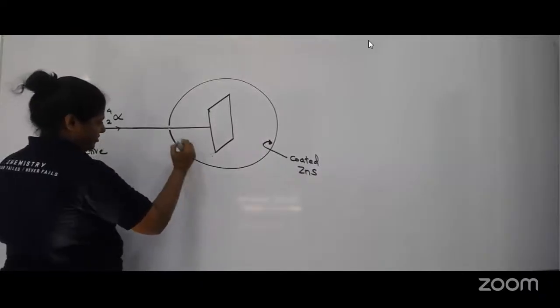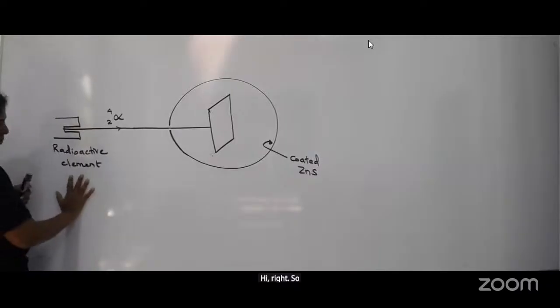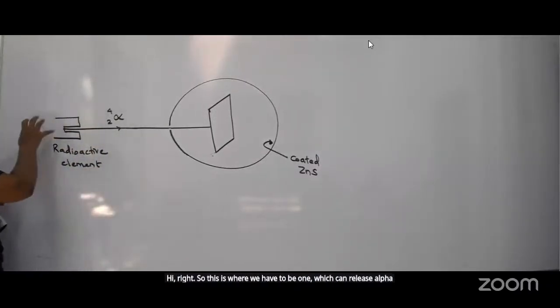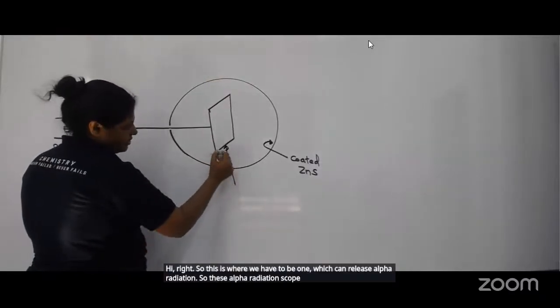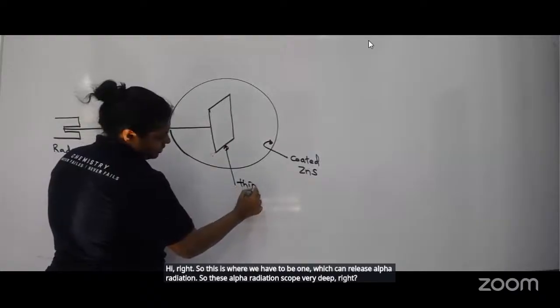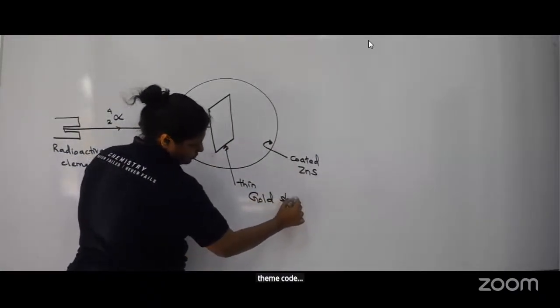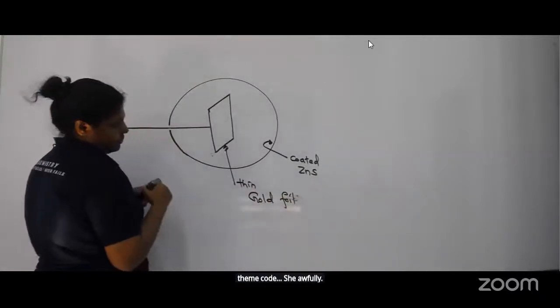So this is a radioactive element which can release alpha radiation. This alpha radiation is directed at a very thin gold foil.